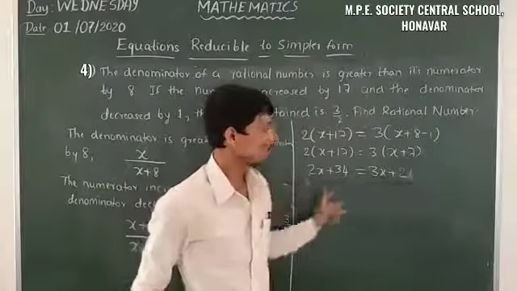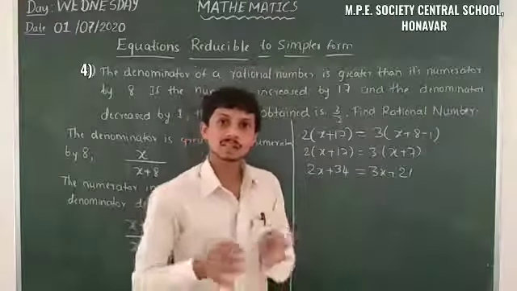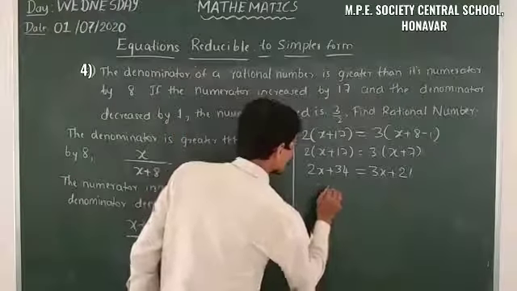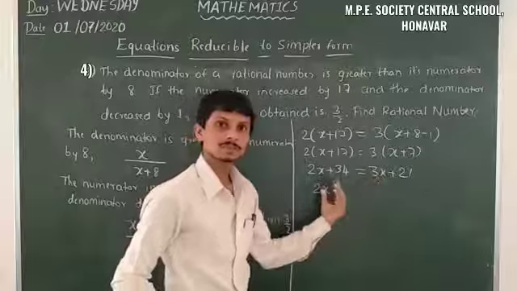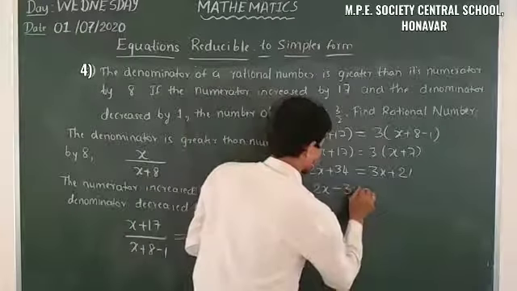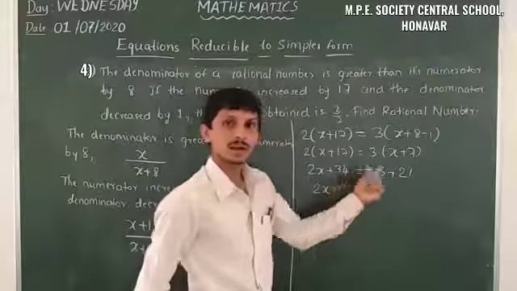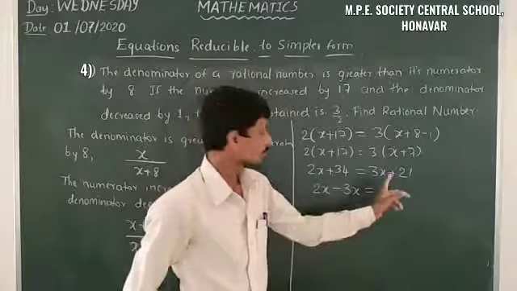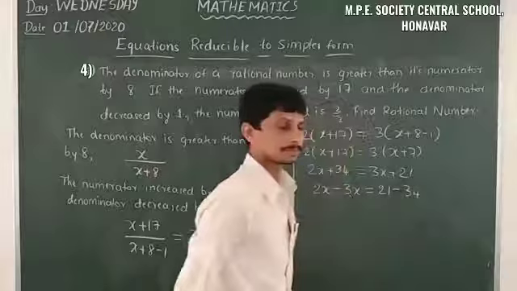We have to transpose the x terms to the LHS and the number terms to the RHS. This equation has x terms on both sides. We have to convert it into x terms on one side and numbers on the other side. So 2x, after transposing 3x, becomes minus 3x, is equal to, after transposing plus 34 it becomes minus 34, 21 minus 34.